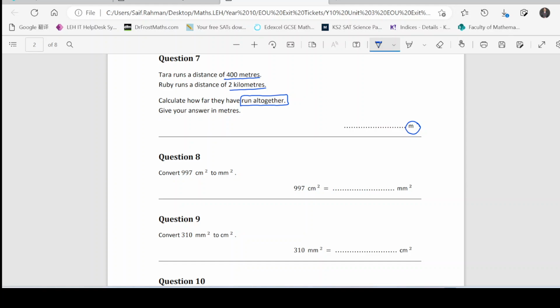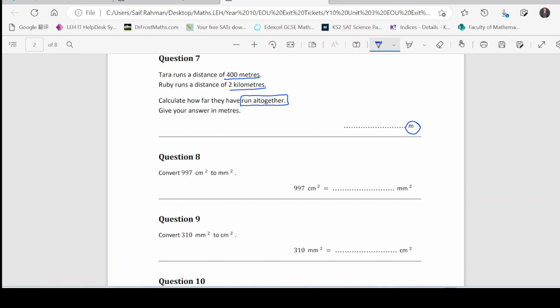So we multiply by 1000 and that gives us 2000 meters, and 400 meters is what the other girl runs. So the total distance will be 2400 meters.